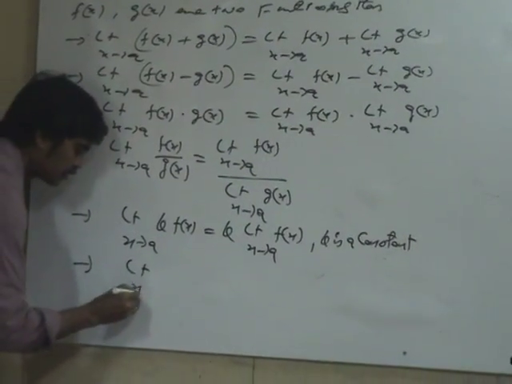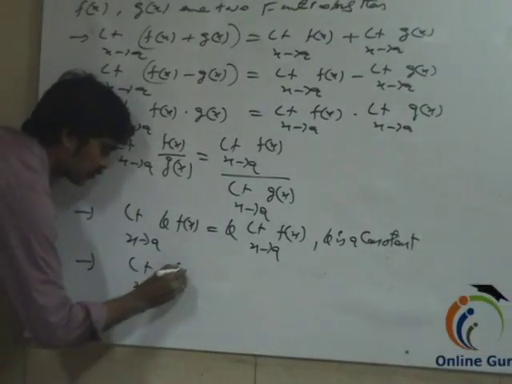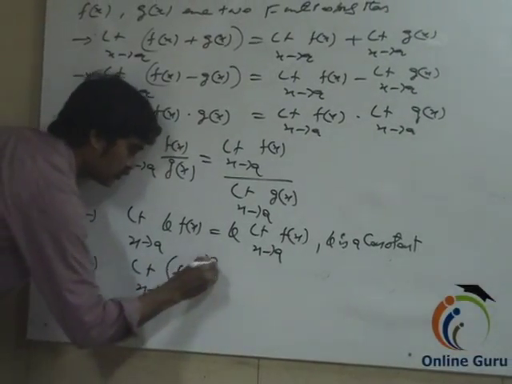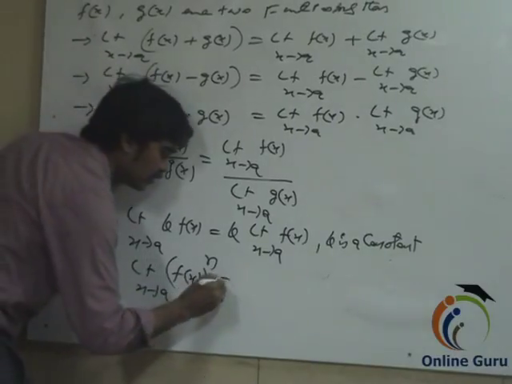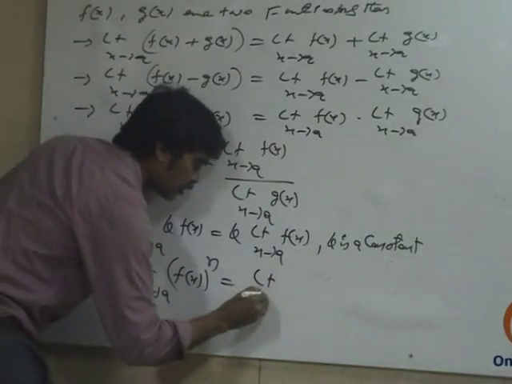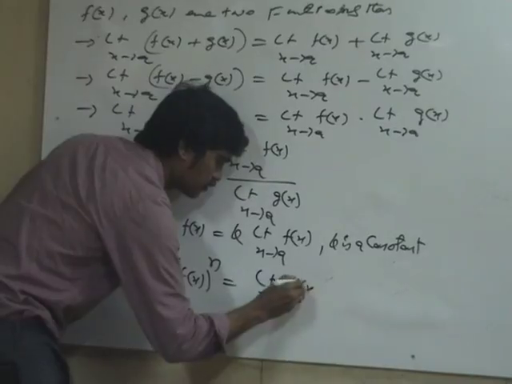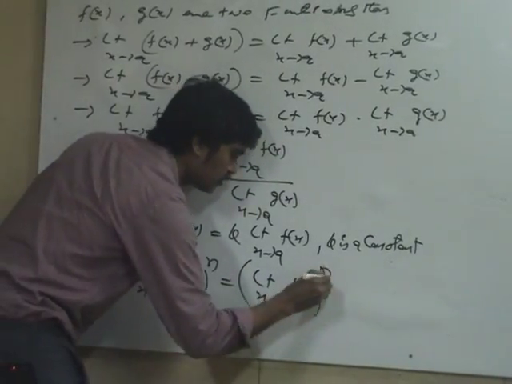Limit x tends to a f of x whole to the power of n equals limit x tends to a f of x whole to the power of n.